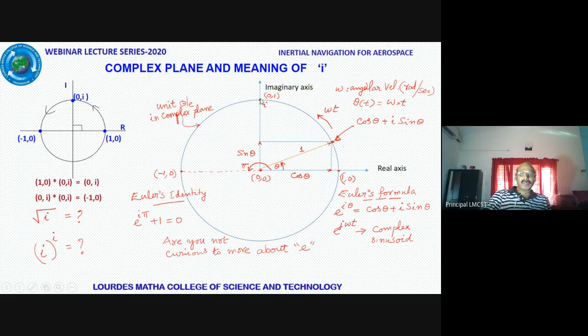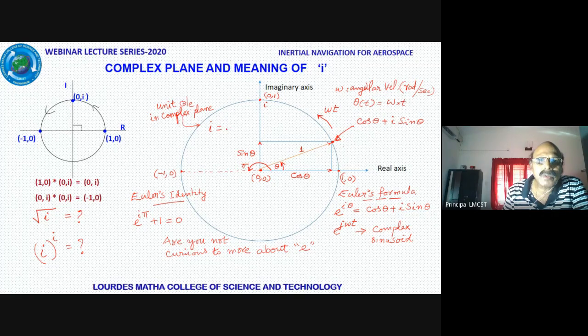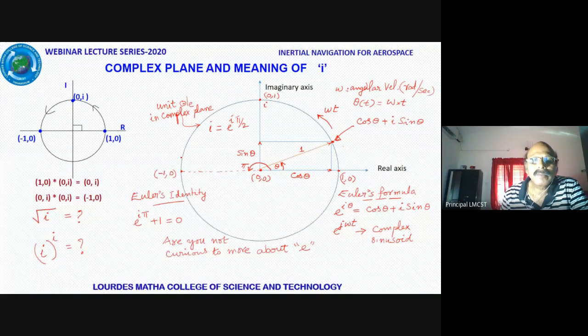This particular point i is equal to e raised to i pi by 2, correct? This particular point is e raised to i theta.